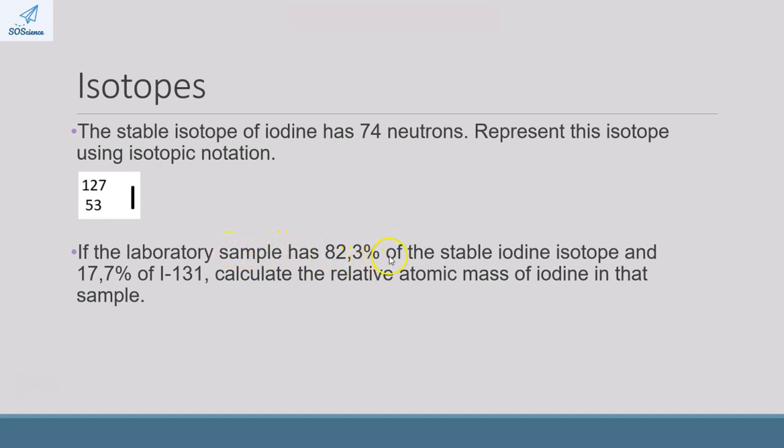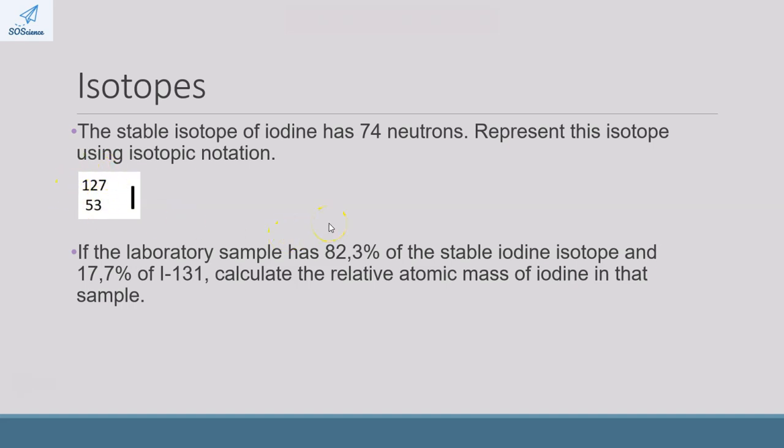If the lab sample has 82.3% of the stable iodine isotope and 17.7% of the radioactive isotope, which is I-131, calculate the relative atomic mass of iodine in that sample. Well, we worked out that this 82.3% applies to I-127.